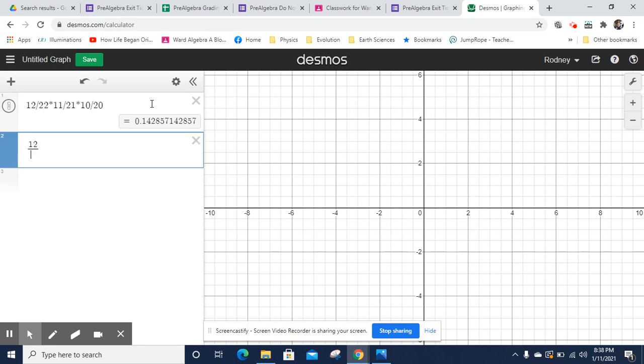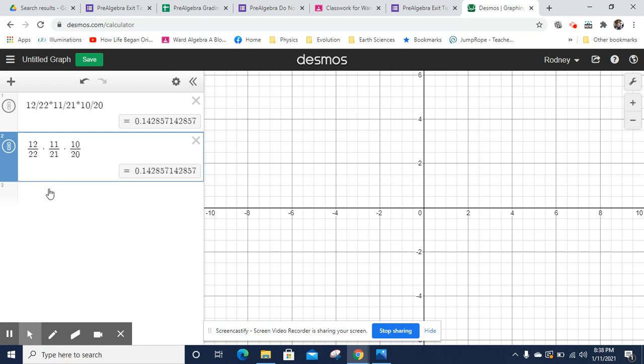It's going to be 12 over 22 times 11 over 21 times 10 over 20. Before I do all this calculation, of course, you get this number, which is just 1/7, by the way. That is 0.142857148257. But let's go ahead and tidy this up.